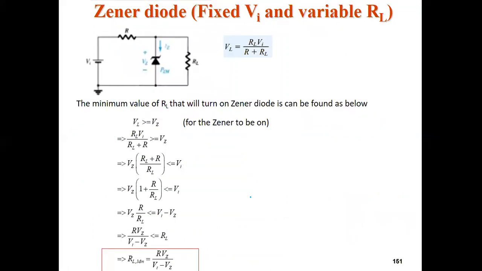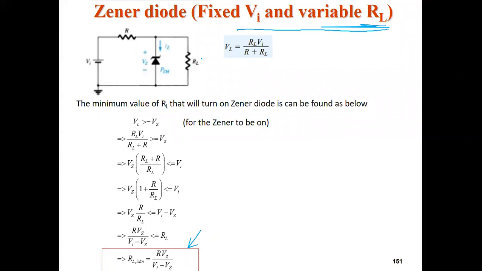Okay, next thing is the fixed VI and variable RL. Here we had derived this thing. You can just remember this. That is the minimum value of RL for which this diode will be on.